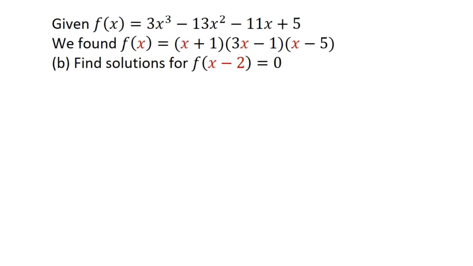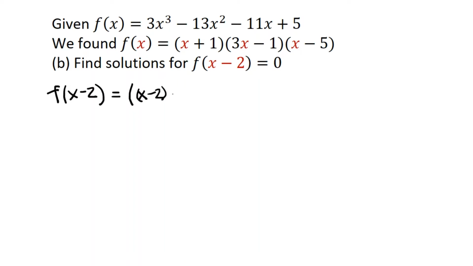We found the factorization for our function, and next we want to find this function f of x minus 2. We're going to use the factorization, and we're going to be really clever here. Everywhere we see x in the factorization, instead of x we're going to put in x minus 2.